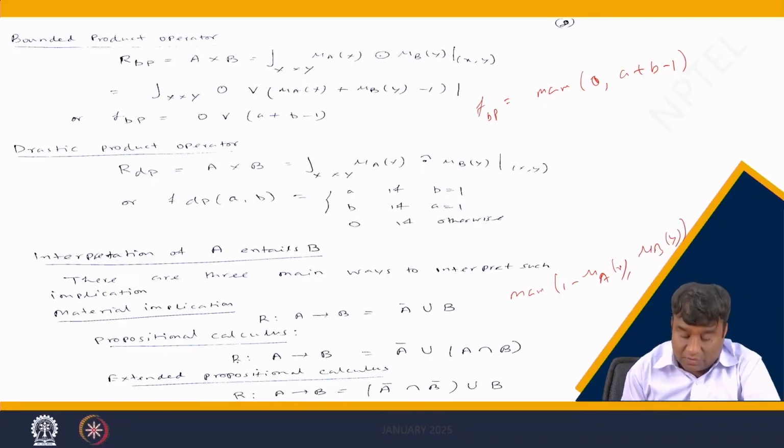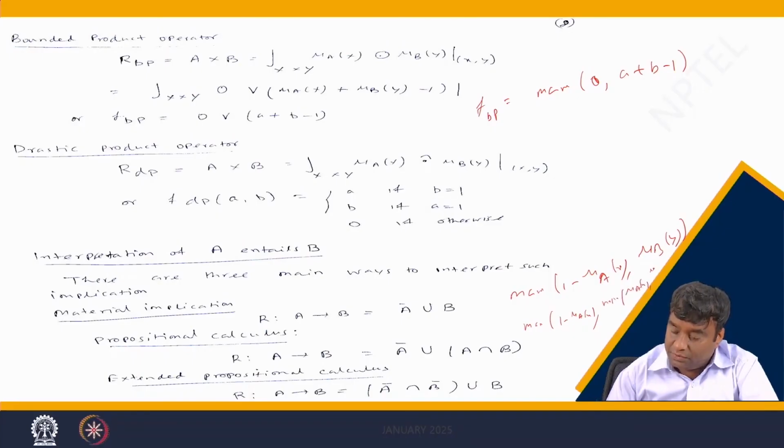Next is propositional calculus: R(A, B) is the maximum value of 1 minus mu A(x) and the minimum of mu A(x), mu B(y). So first find the minimum of mu A and mu B, then take the maximum with 1 minus mu A(x). Extended propositional calculus: R(A, B) is first to find the intersection of A complement and B complement, then take the union with B.